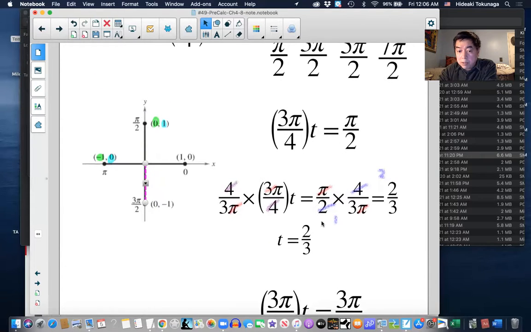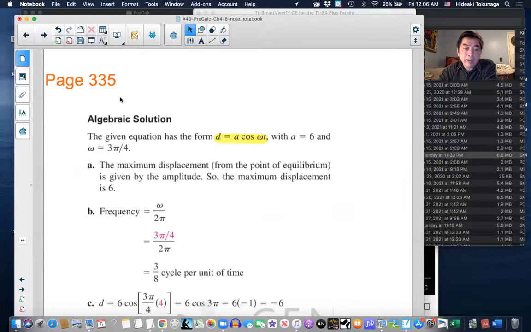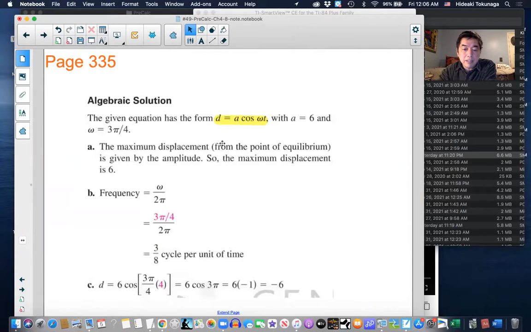If it's pi over 2, it's going to be 2 over 3. So this is the least positive value. So we go with this. Now, when we run this the algebraic way, we plug in everything, A, B, C, D, to this formula. Okay.